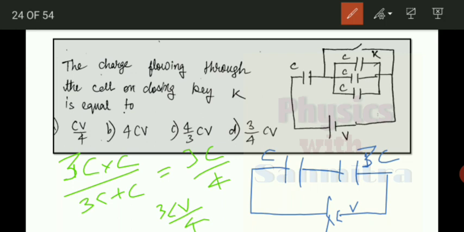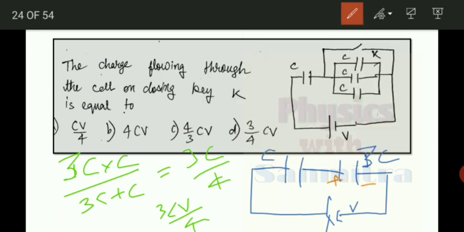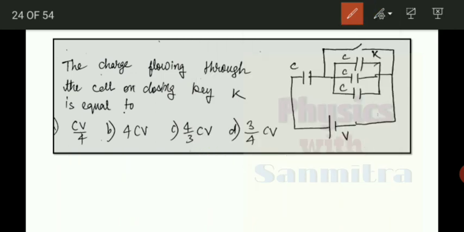Even here also the charge is 3CV by 4. When I am short-circuiting this path, the net capacitance becomes C. So my initial charge Q1 on this 3C plate is 3CV by 4.